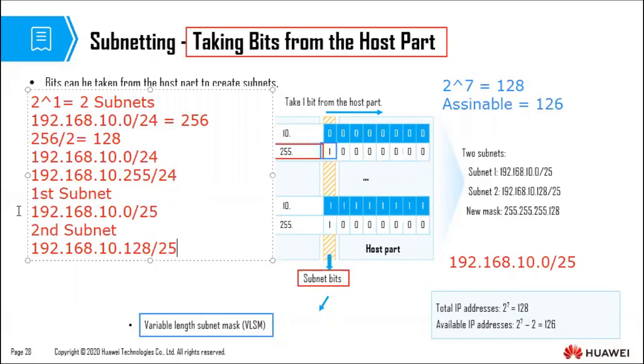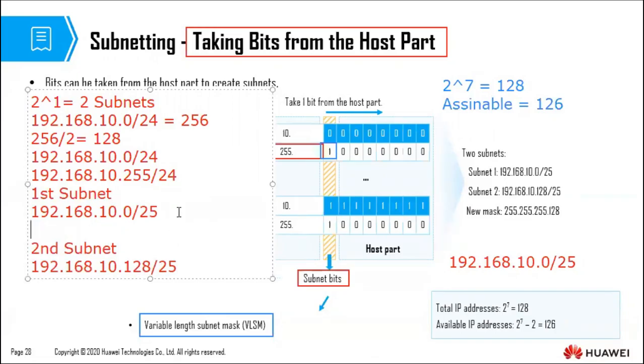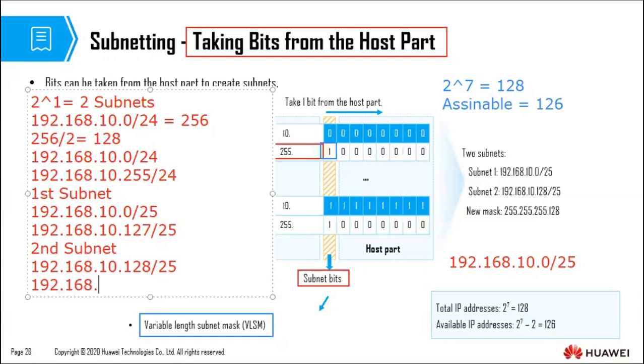Therefore, if the second subnet begins at 128, which one is the last address for this first subnet? 192.168.10.127, which gives you your broadcast address, right? Then for this one, 192.168.10, what will be the broadcast? 255, right? I think so.